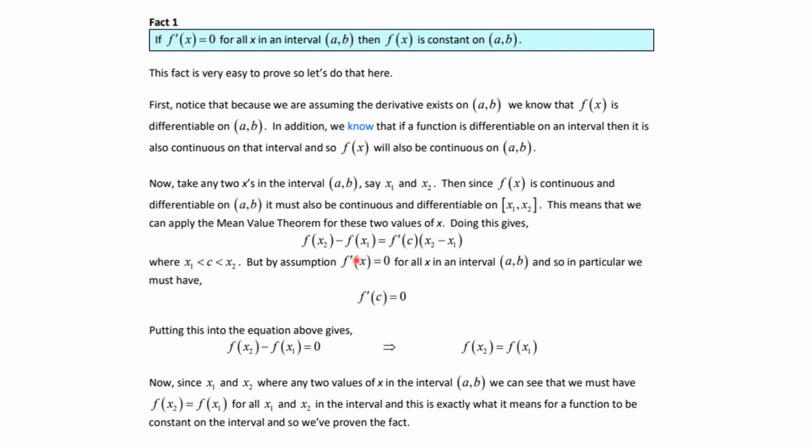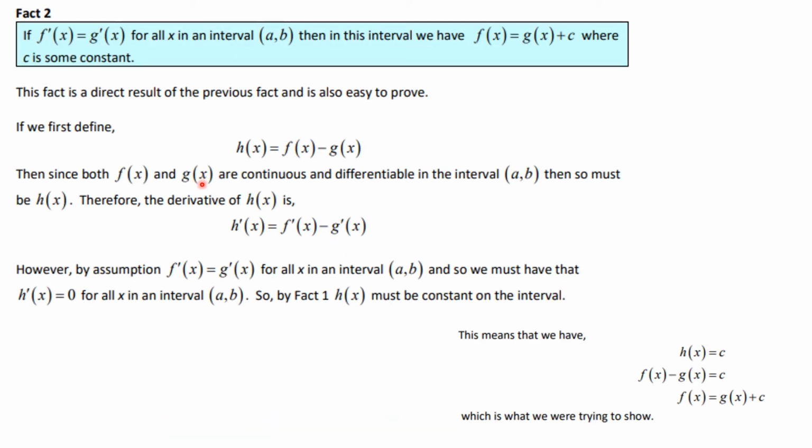So we can get that f of x2 minus f of x1 is equal to f prime of c times x2 minus x1. But f prime of x is equal to 0 for all x in ab, so it is equal to 0 for c. So that means we put 0 here, so f of x2 is equal to f of x1. That means we've shown that it is a constant function.